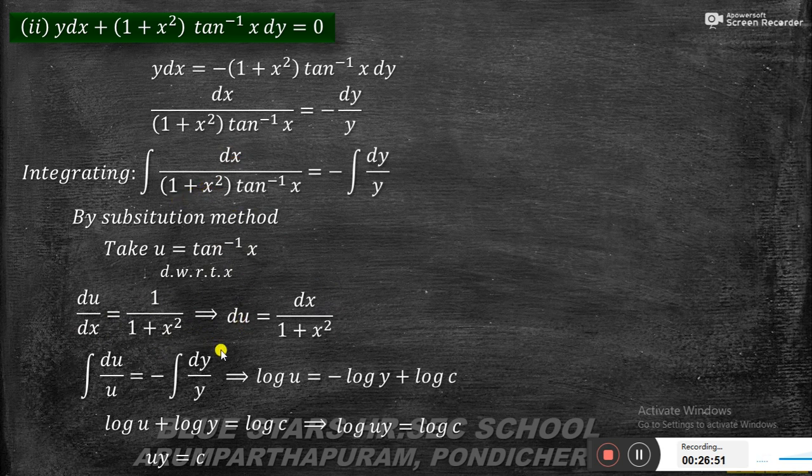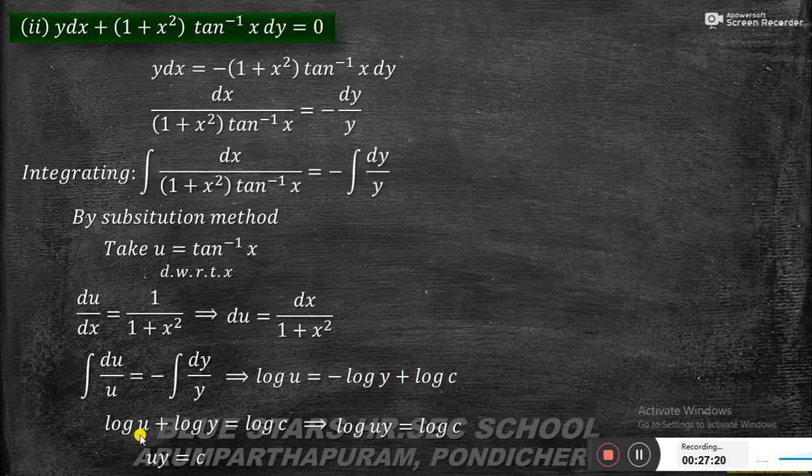So the next step we write: tan inverse x is u, and dx by (1 plus x square) is du. So du by u equal to, so I integrate, the right hand side is minus integral dy by y. So the integration of 1 by u is log u, equal to minus the integration of 1 by y, which is log y. So minus log y plus log c.